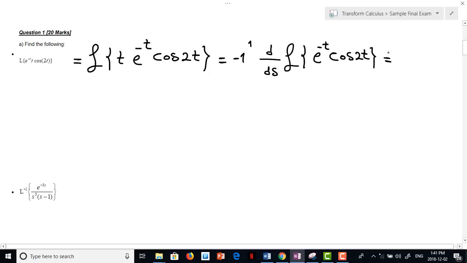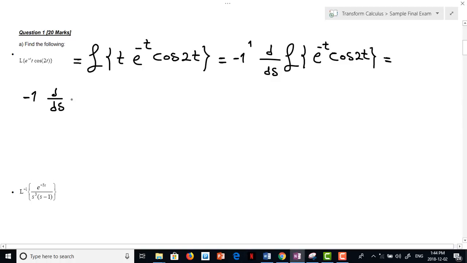In fact, I used the property of the derivative of transform to end up with this equation.